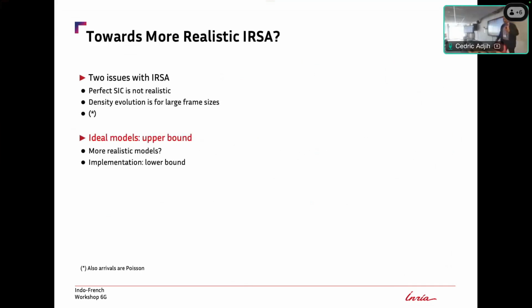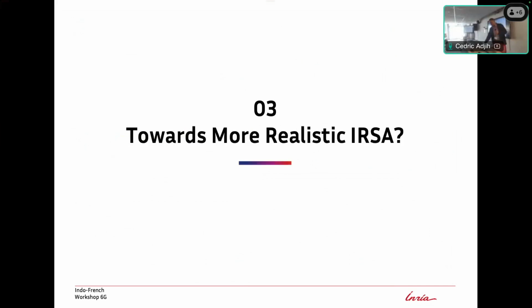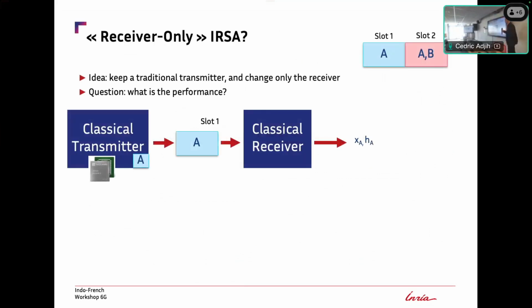Now I will present some directions we are interested to study, which is: can we go towards a more realistic IRSA? Because in what I presented, there is an ideal collision model. What I think could be interesting is what I call in this slide a receiver-only IRSA. You take a normal ASIC, which has already been implemented.